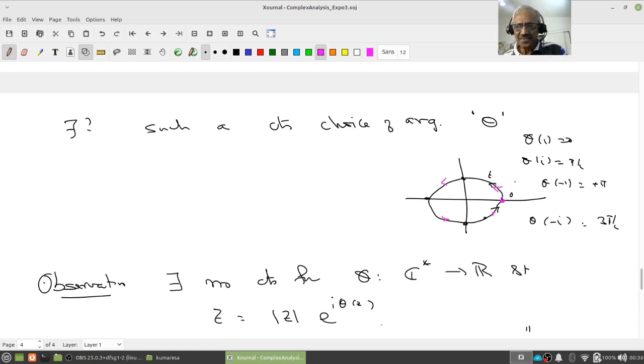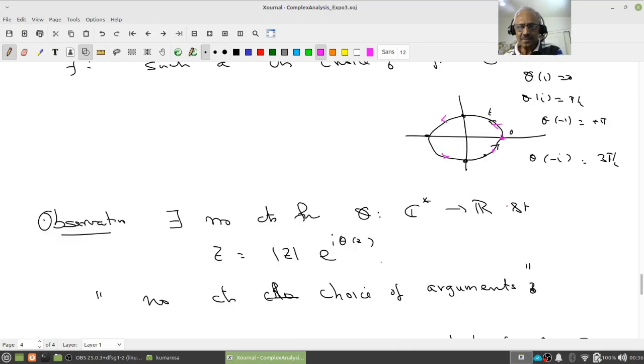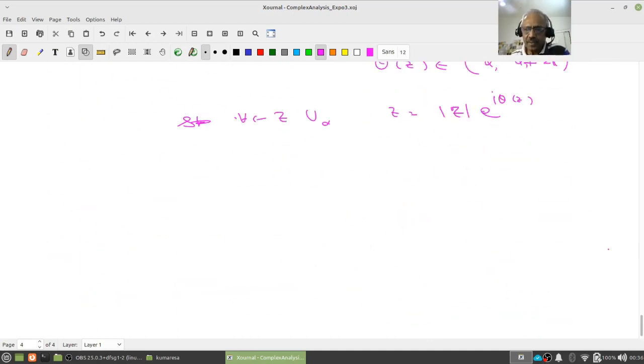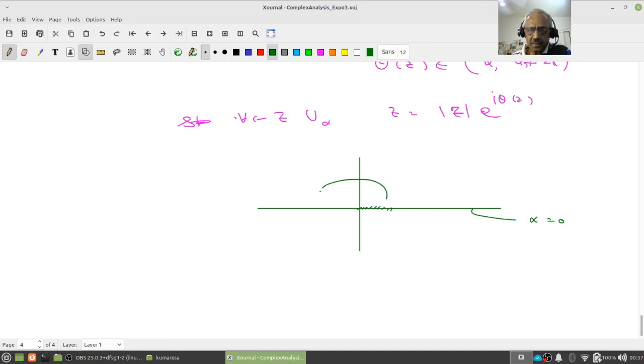For any non-zero complex number, what you avoid is such a line. For example, the obvious choice may be this theta, alpha equal to 0. Remove this line, then this is all. I can come close, but I never reach there.